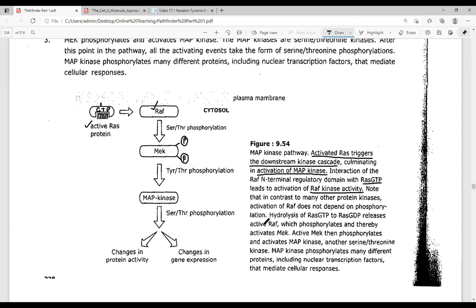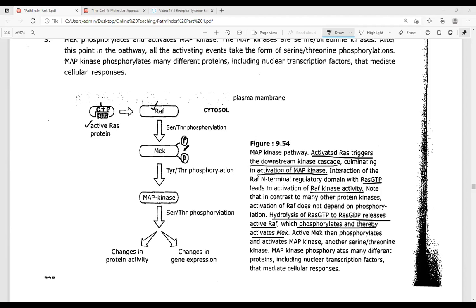Hydrolysis of RAS GTP to RAS GDP releases RAF, and this will cause the phosphorylation and thereby activate another protein, commonly referred to as MEK.